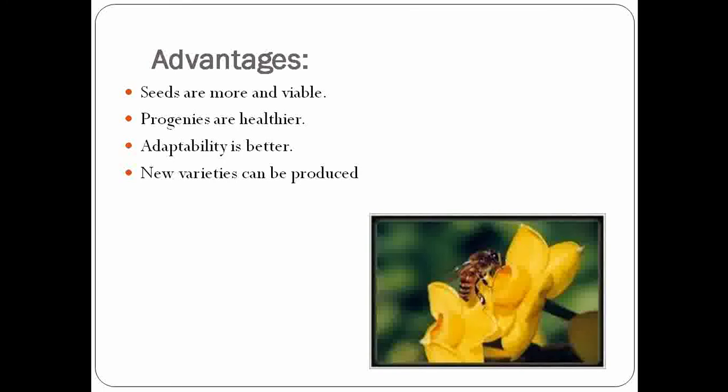In this way the plant breeding experiments are carried out to produce new varieties, new hybrids, and lots of new varieties are produced by using only the process of cross pollination.